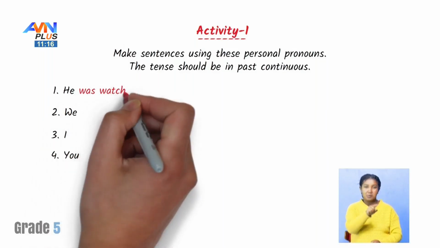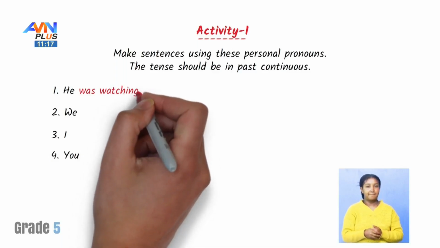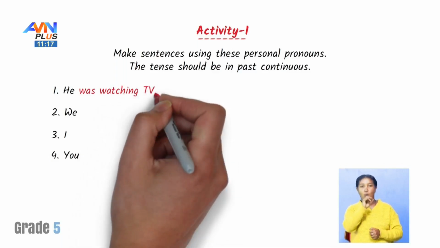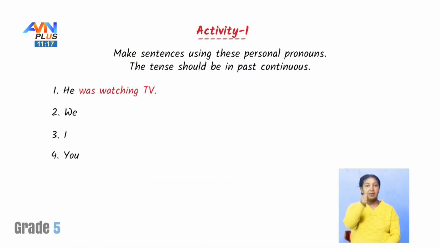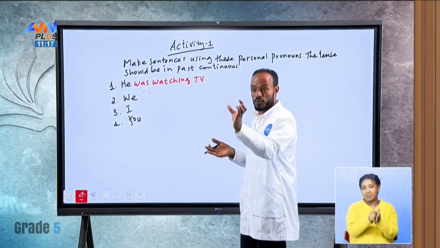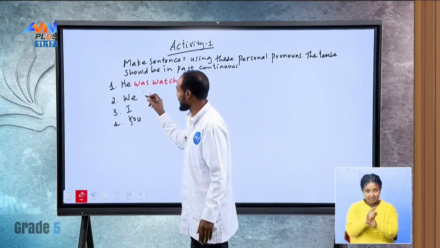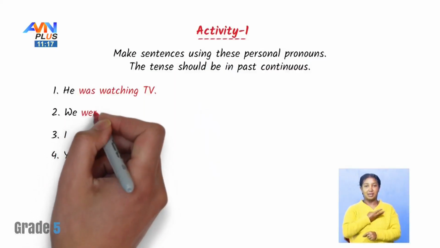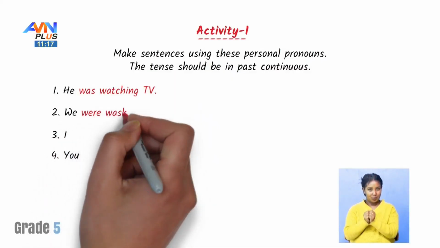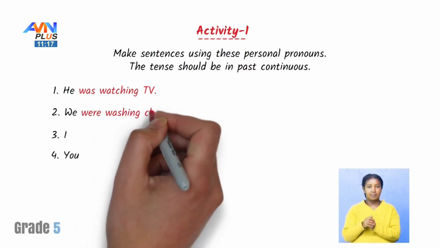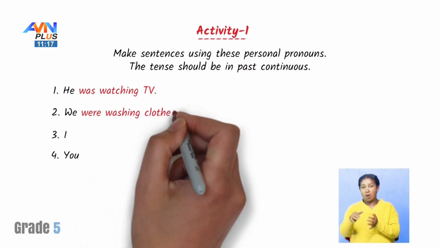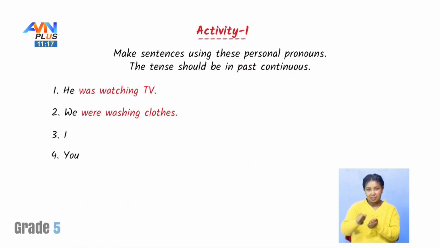Maybe you can say then he was watching TV. This one is the example. Yours can be right if you're following this structure. What about we? We were washing clothes.